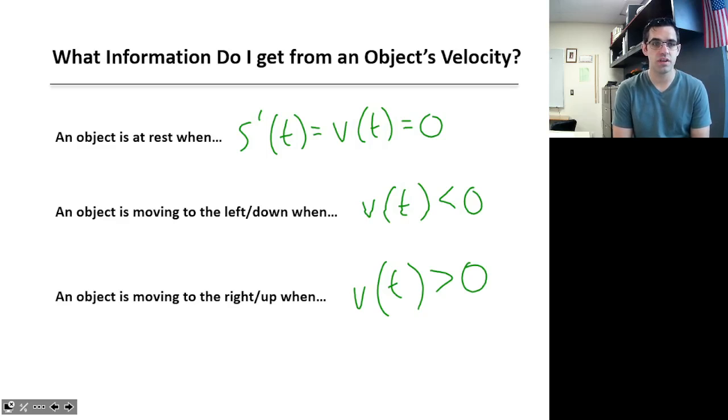Our object is moving in the negative direction, so left or down, depending on whether we're looking at a graph or whatnot. That means our velocity is a negative number. So negative velocity means we're moving closer to or downwards. When the object is moving up and to the right, that means we have a positive velocity. So v of t is greater than 0, means we're moving away from or moving up.